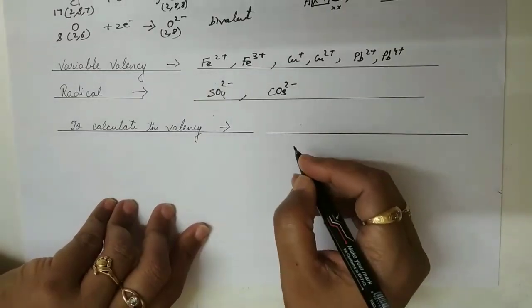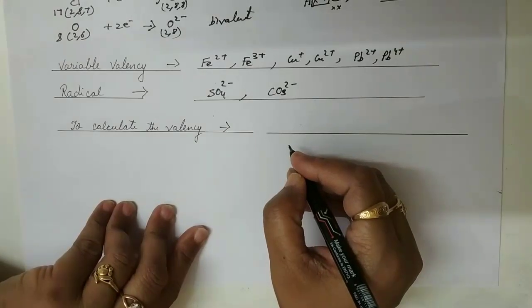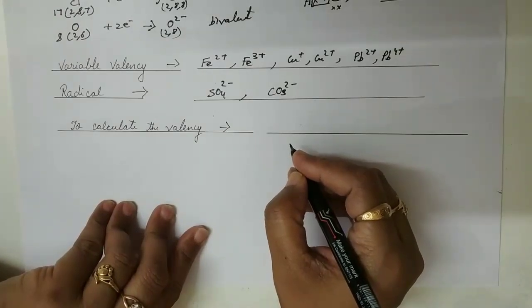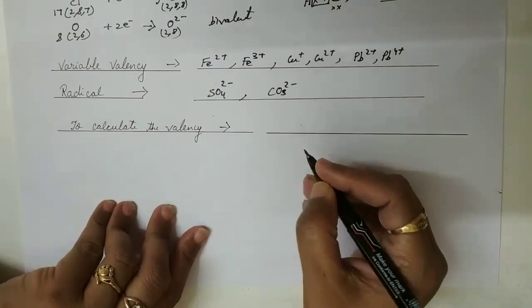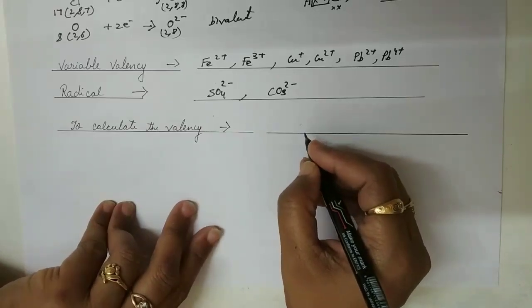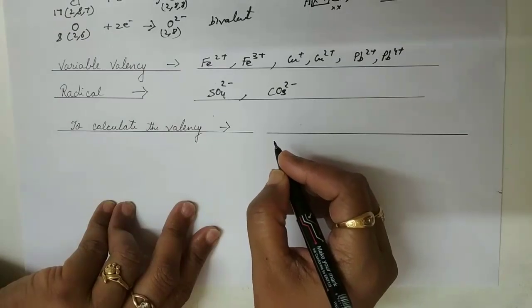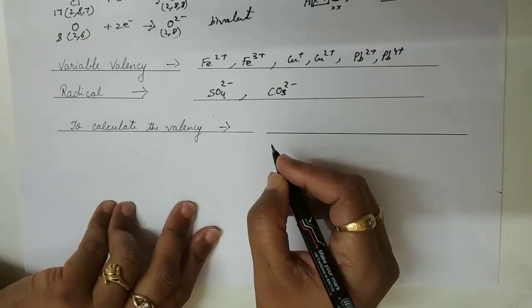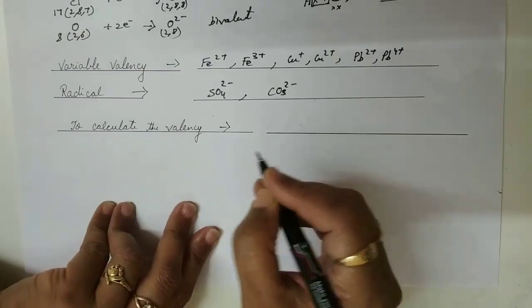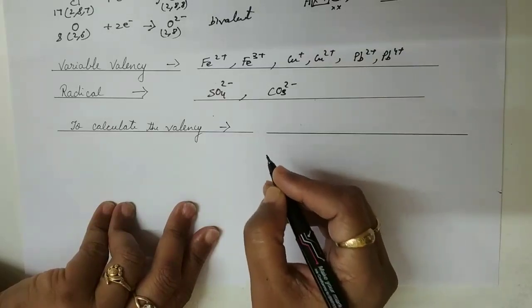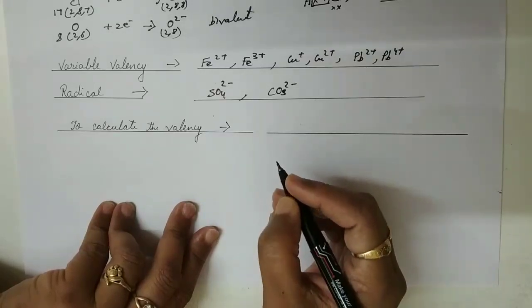There is one method I would say you should know properly, where we see how many cations are there, how many anions are there, and which out of the two's valency is known to us.